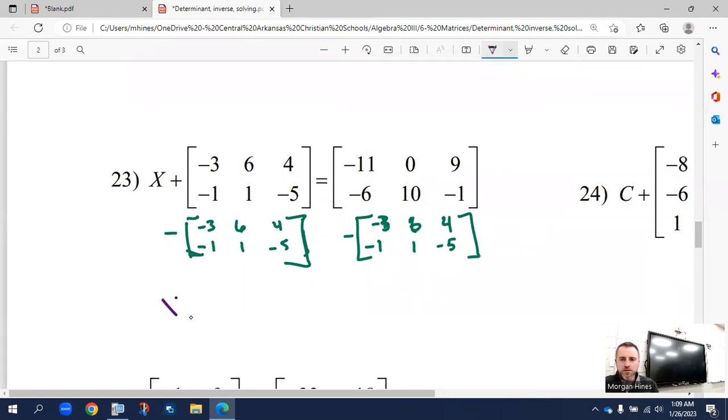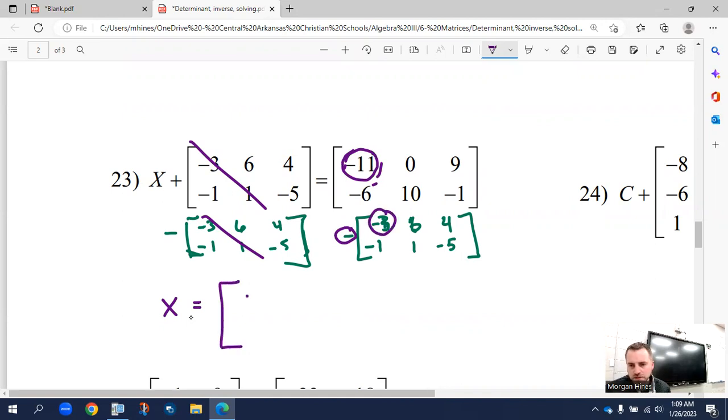We'll do this bright purple color. So X is equal to these, we've taken away that matrix. So we subtract: -11 minus -3. So that's -11 plus 3, which is -8. Then we've got 0 minus 6.